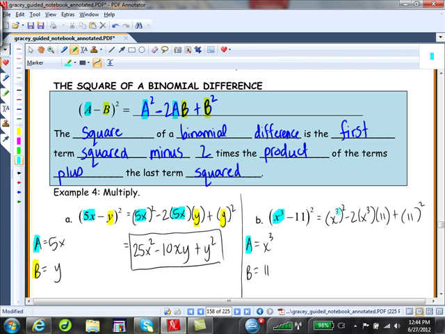Here was our A and our B. Okay. So be careful, x to the 3 times 2. And then 2 times 11 gives us 22, and we have it times x cubed, and then plus 121. This gives us x to the 6th minus 22x cubed plus 121.